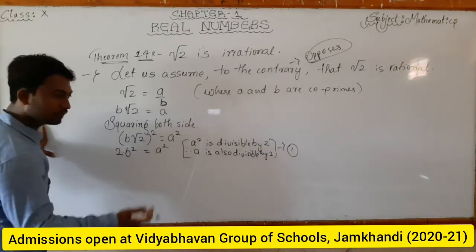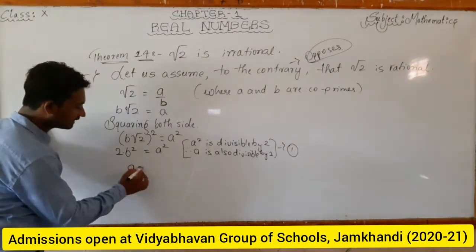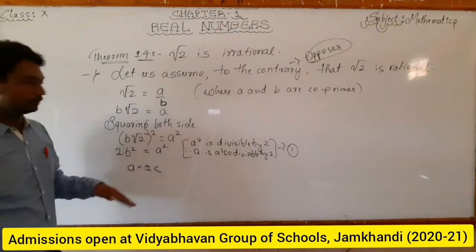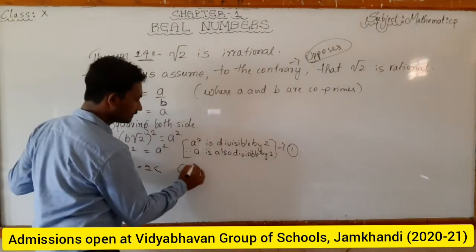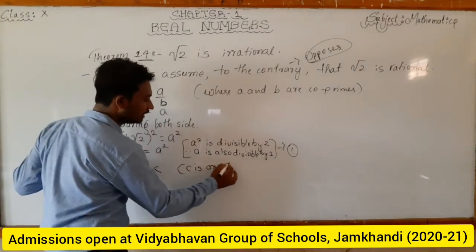Now, since a is divisible by 2, I will take a equal to 2c, where c is any integer.